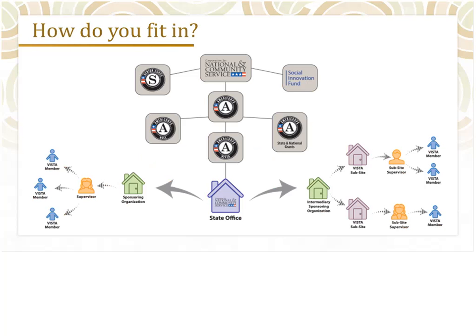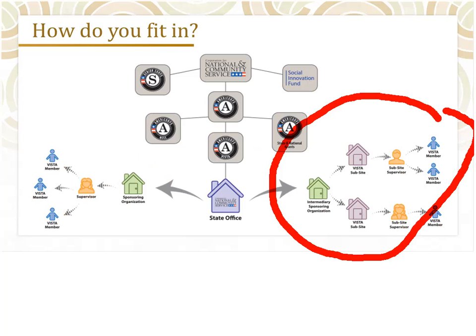As you can see, and I'll circle the area that I think applies mostly to our group today, you reside within a very strong network made up of programs across the country that includes AmeriCorps VISTA programs and state offices for each state. This state office here is an example of one state office of many.